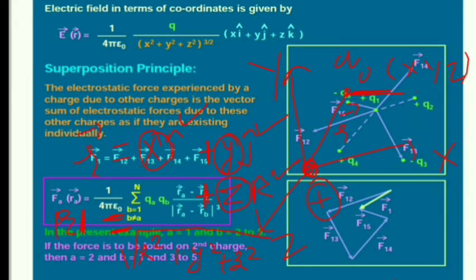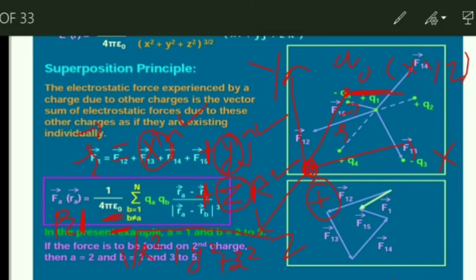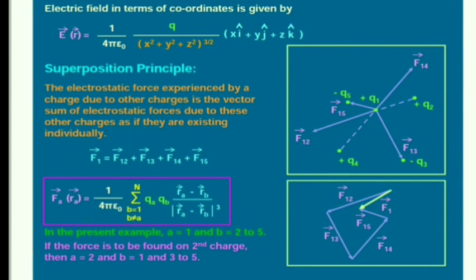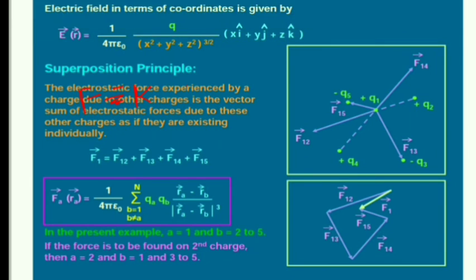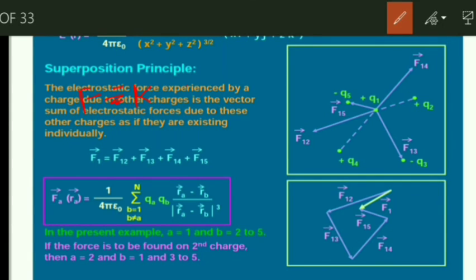So friends, you can see here E is equal to 1 over 4 pi epsilon naught, q over (x square plus y square plus z square) power 3 by 2, times (x i cap plus y j cap plus z k cap). We get this by simply using these values which we described. Let us write k for the constant 1 over 4 pi epsilon naught, so we are defining electric field.